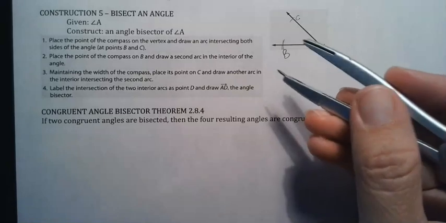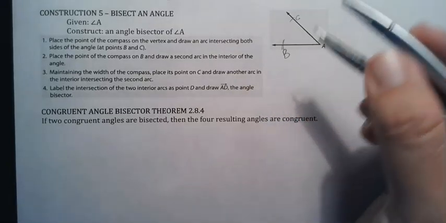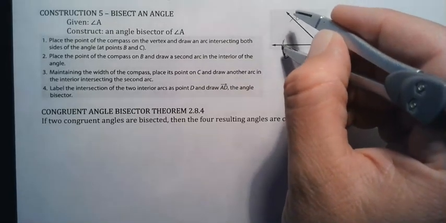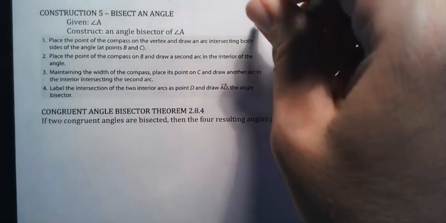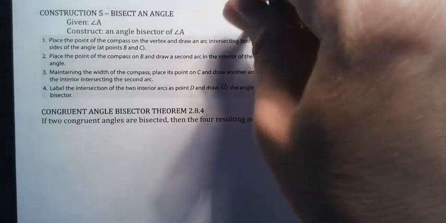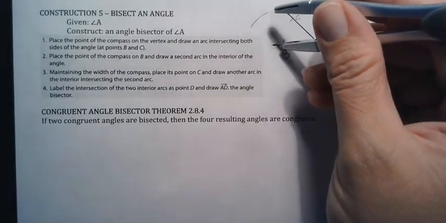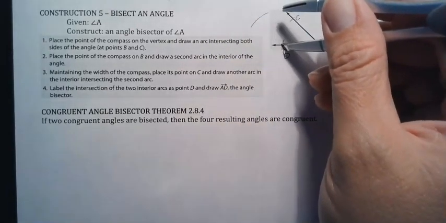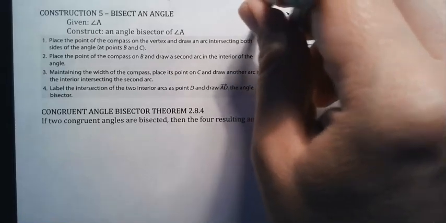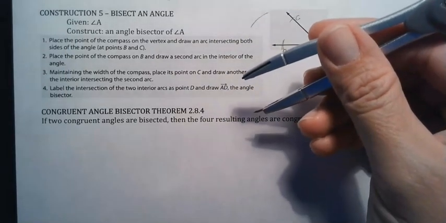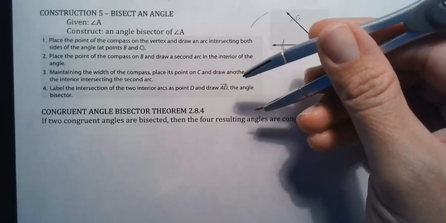Step 2 says, place the point of the compass on B and draw a second arc in the interior of the angle. So a second arc just on the interior, somewhere in between there. I know my lines would extend out here because it's a small angle, so that's why it has to be out here. Maintaining the width of the compass, so I'm not moving its distance, I have to keep it equally measured.